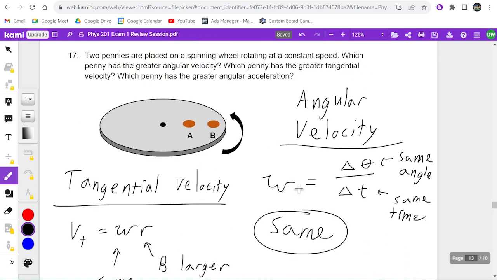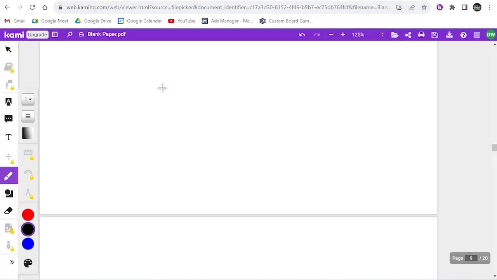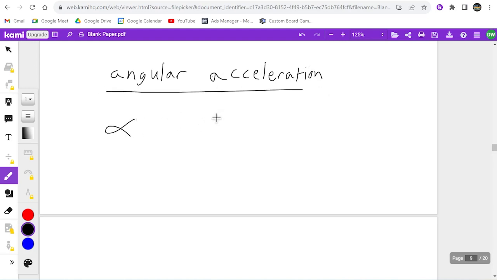And then the last thing we want to solve for is the angular acceleration. The symbol for angular acceleration is alpha. And alpha, if you want an equation, is delta omega over delta t.